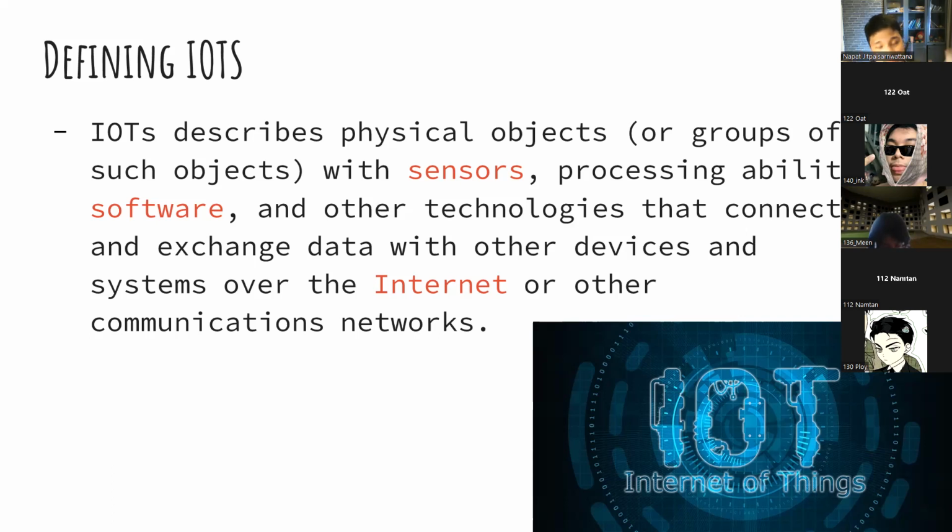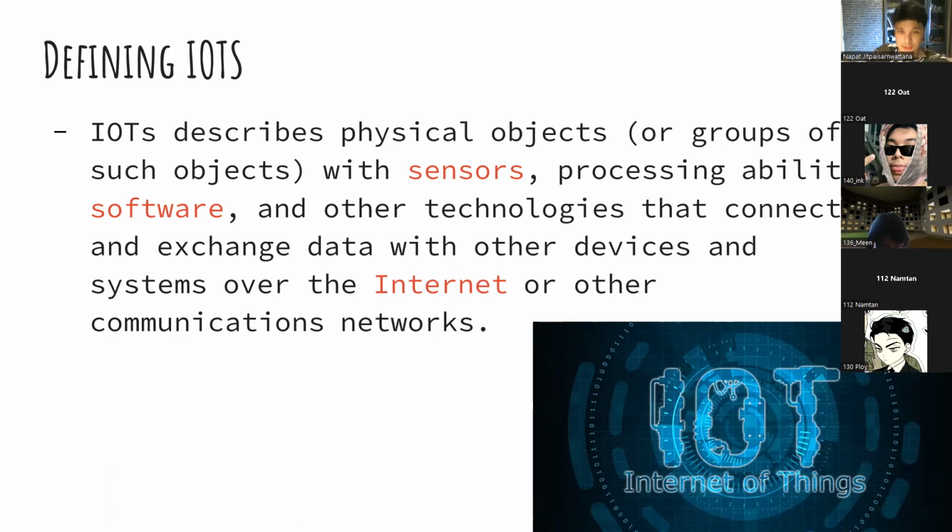The first one is internet, so it has to be connected to the net in some way. And the second thing, it has to be something quite physical. So you need to be able to at least touch that object or know that it actually exists in a physical way, right? You need to be able to see it, to touch it, and so on.